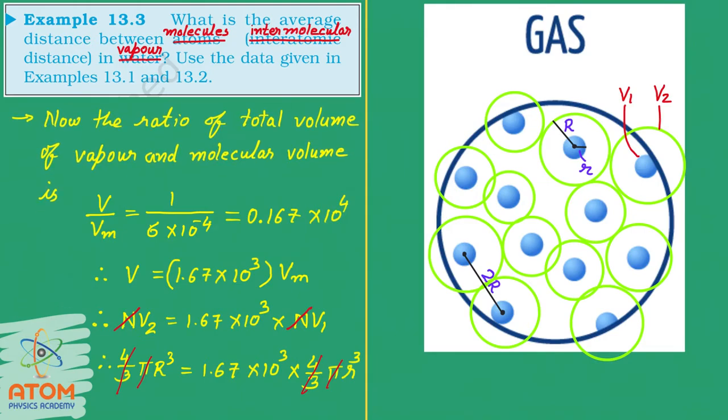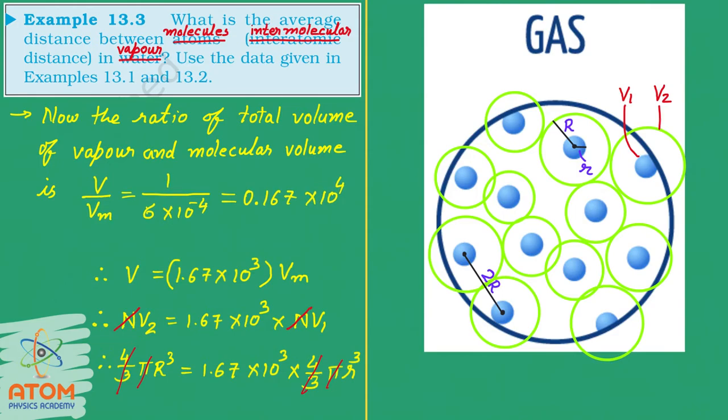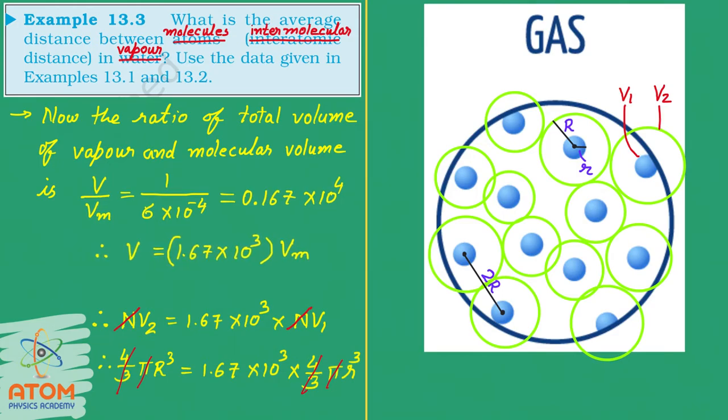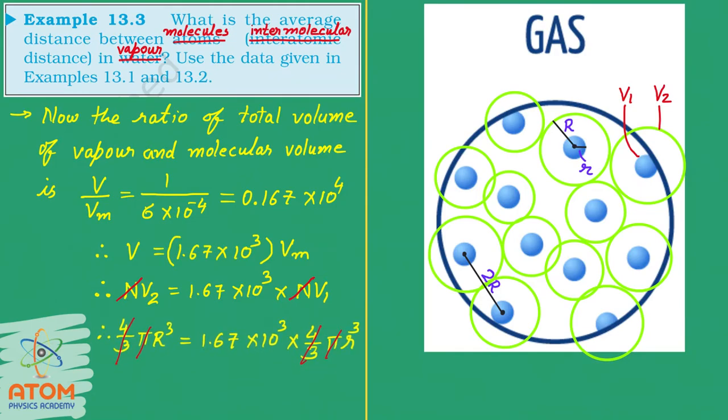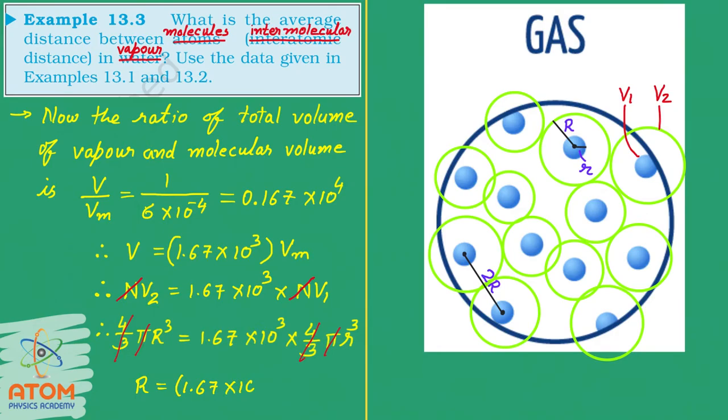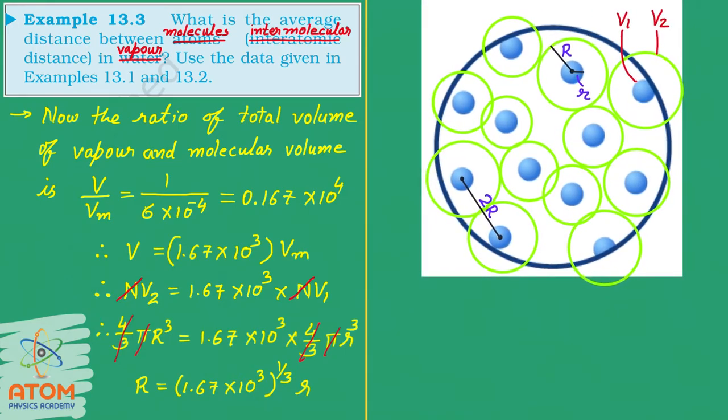So that I am going to put now, but before that let me create some space here. And so now I can write that capital R will be equal to 1.67 into 10 raised to 3, raised to 1 by 3, into small r. So from that we can get the value of capital R. Here capital R will be nearly equal to 10 into small r.